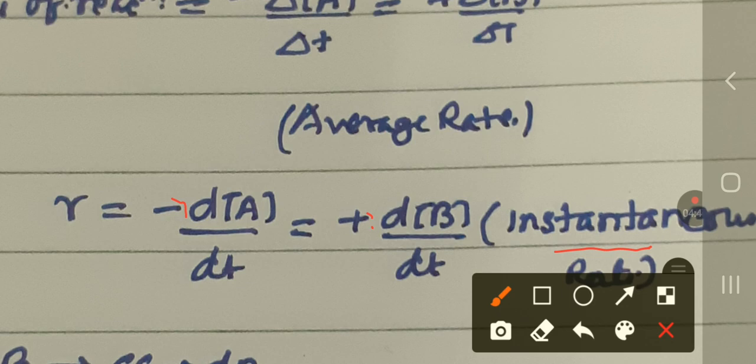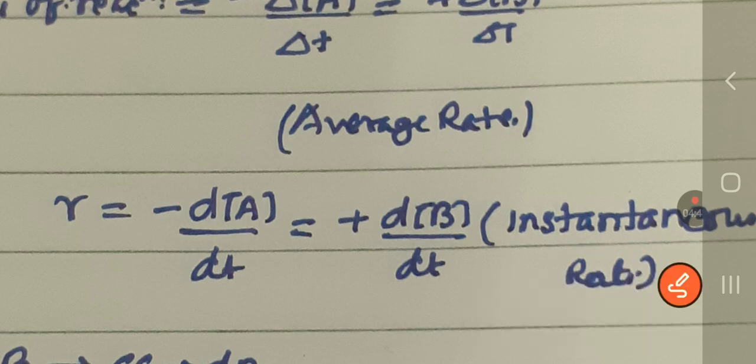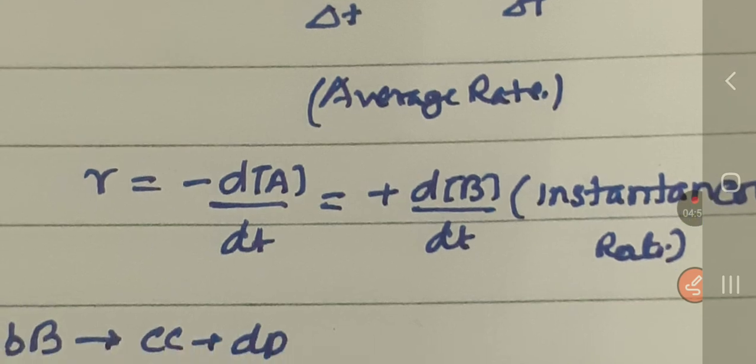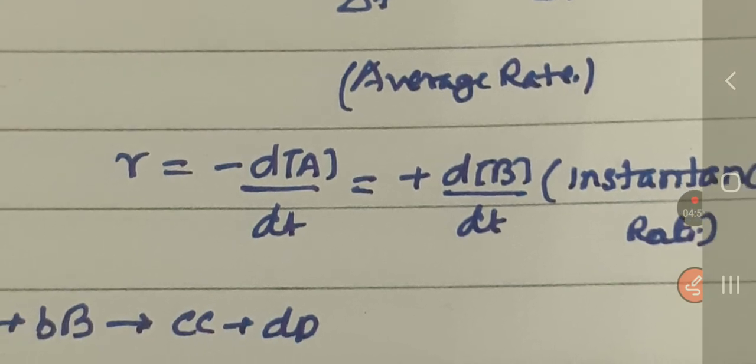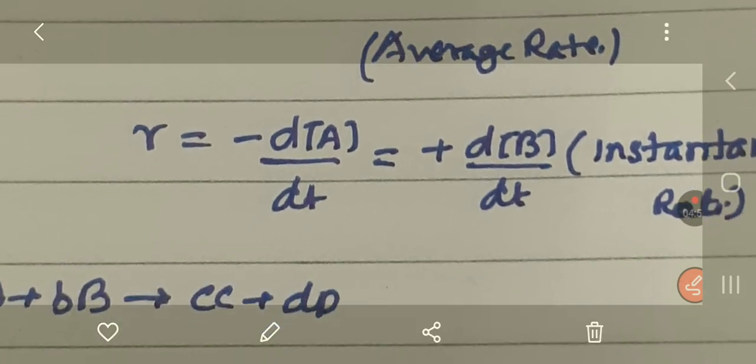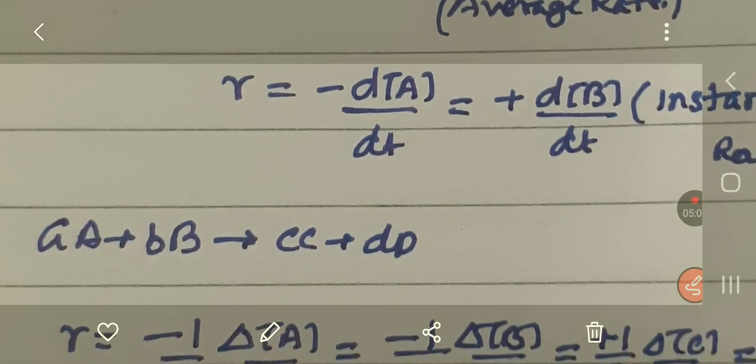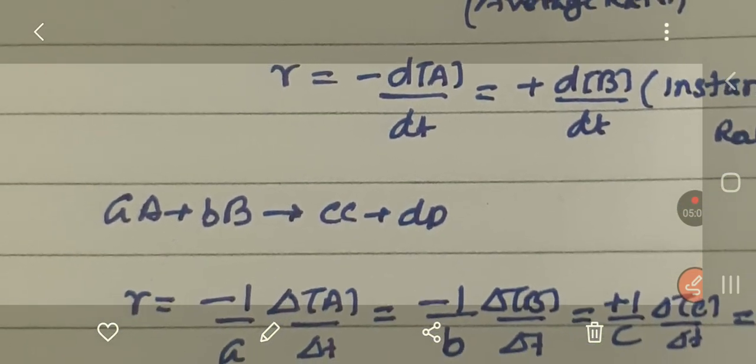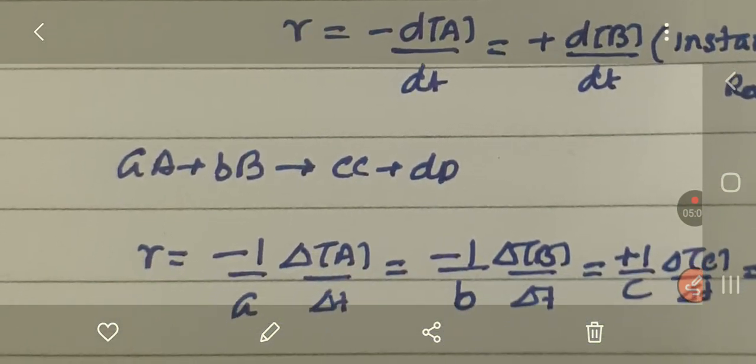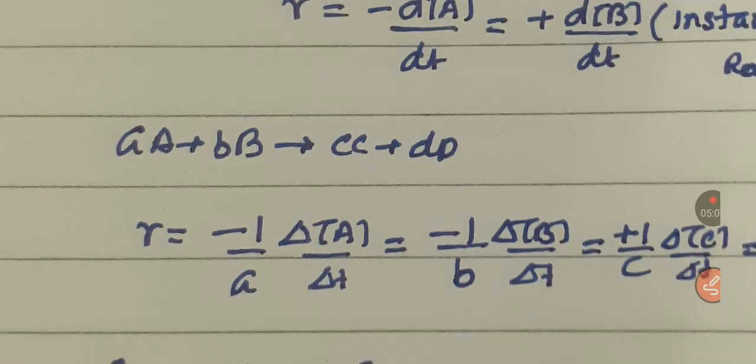In other words, rate of reaction is also defined as disappearance in the concentration of reactant will be equal to appearance in the concentration of product. So both types of rate of reaction are clear to all of you. Move on to the next part of this particular class.